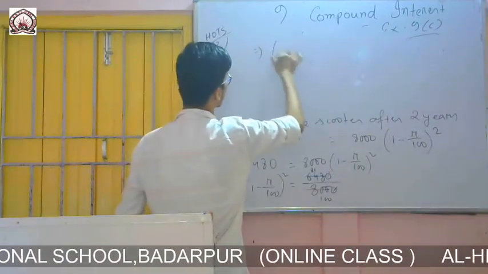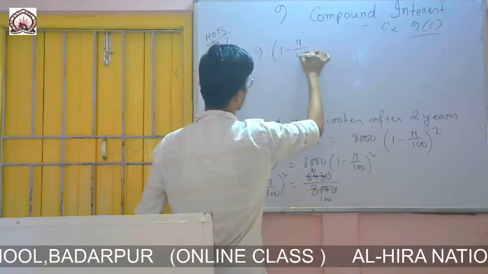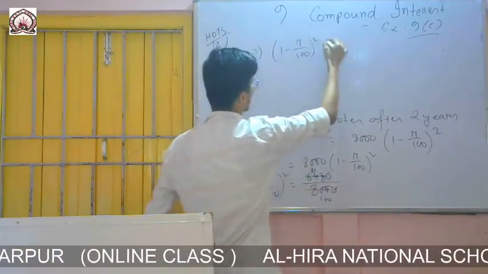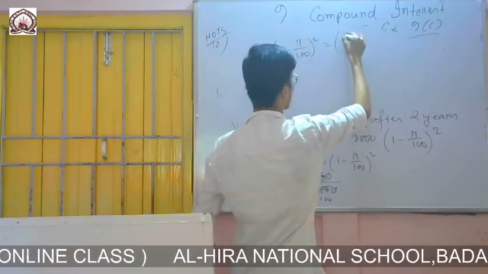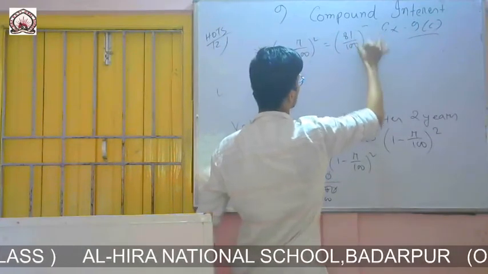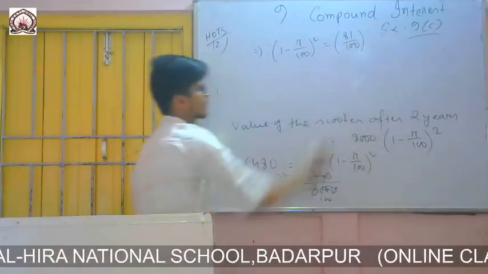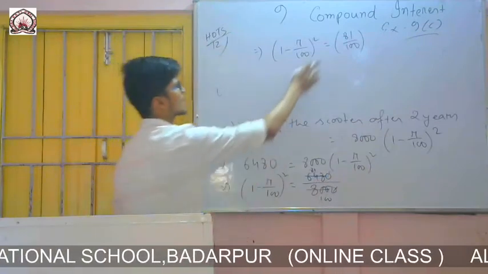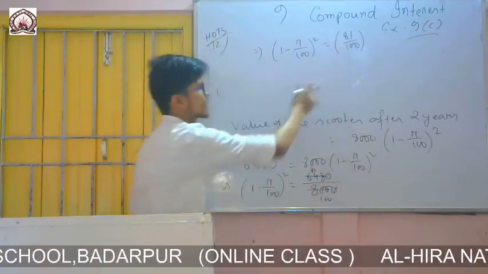So 1 minus R by 100 whole thing square equals 81 by 100. You see I have to convert this into square. So now I can easily convert. It is 81, it is 100.